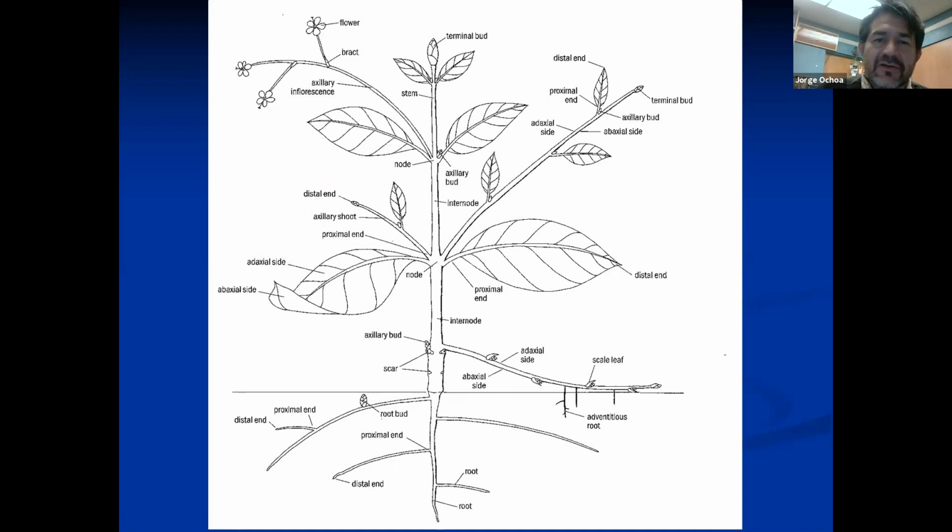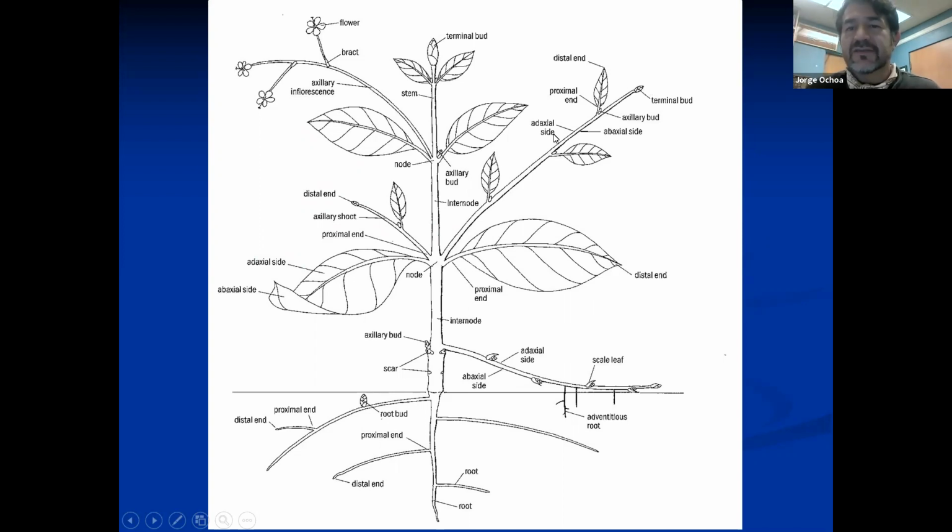And so you're going to have the axillary or lateral bud with a leaf. And as the apical bud keeps getting higher and higher, eventually that dormancy may break. That's going to allow that axillary or lateral bud to begin to grow into a side branch.